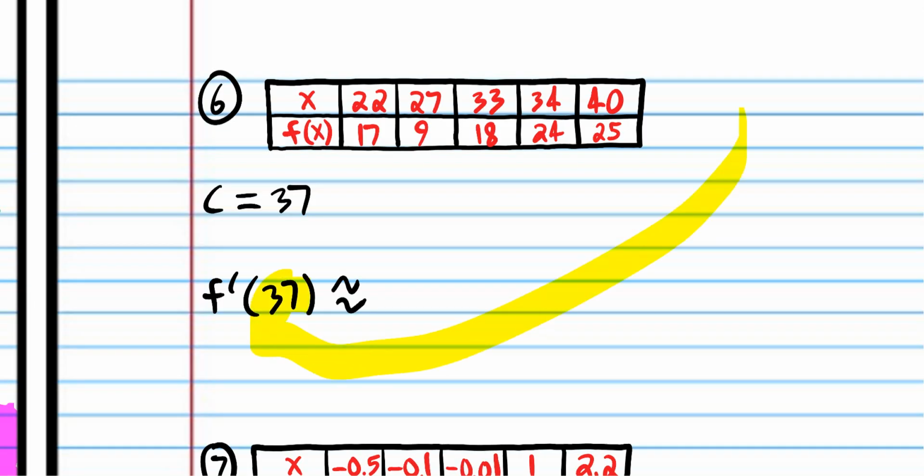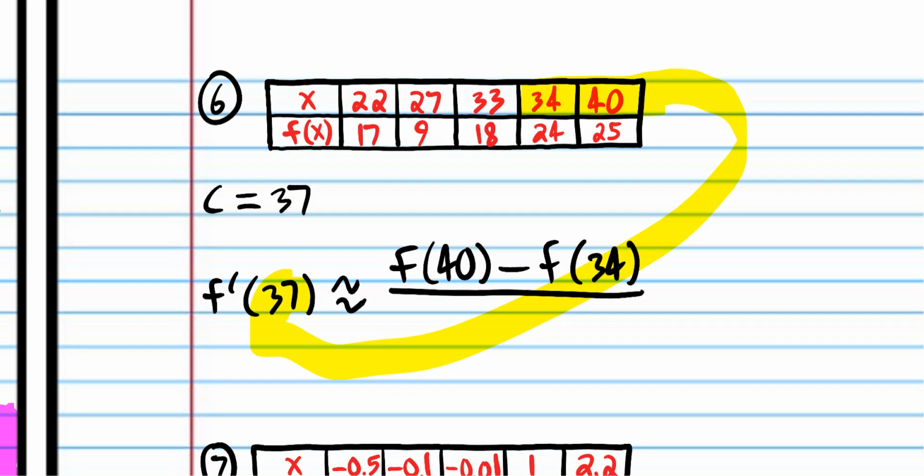Now 37 is between 34 and 40, so we're going to use that interval. So the instantaneous rate of change of the function at x equals 37 is approximately equal to the difference of the y values of those 2 points divided by the difference of the x values.